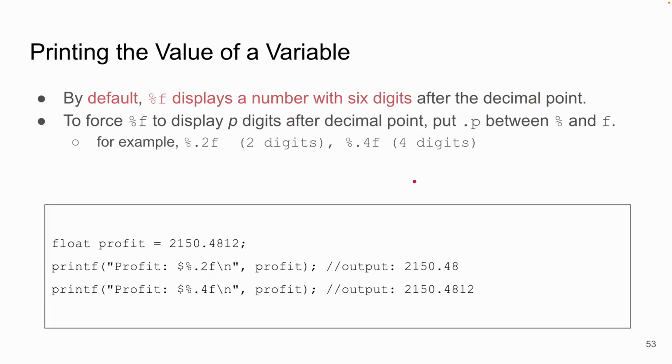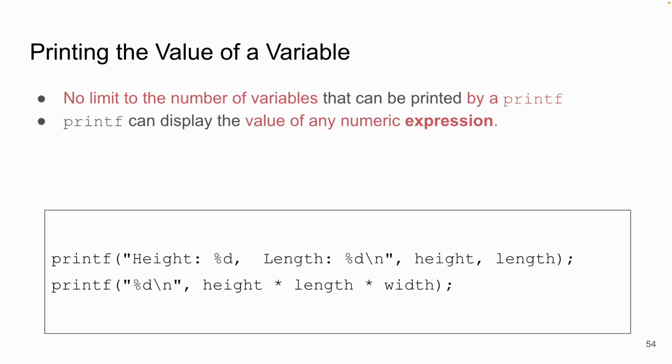So in the previous example, we only used printf to print out the value from one variable at a time, right? However, there's actually no limit to the number of variables that can be printed by a printf. In this example, I can print out the values of height and length, 2 variables, at the same time in the same printf.